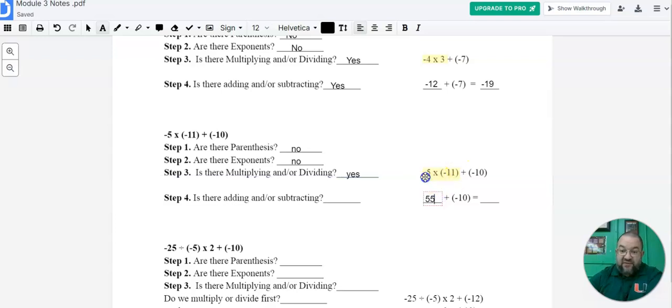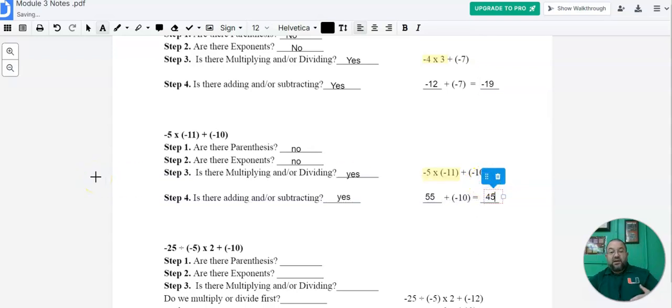So we know that 5 times 11 is 55. Okay. Is there addition or subtraction? Yes. Okay. What is that addition or subtraction? Now that we've worked down this far, we have 55 plus -10, which is the same as 55 minus 10, which gives us 45.